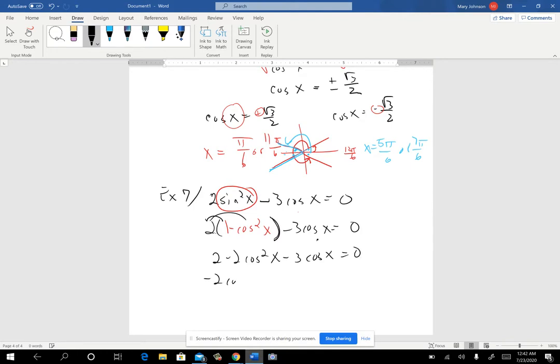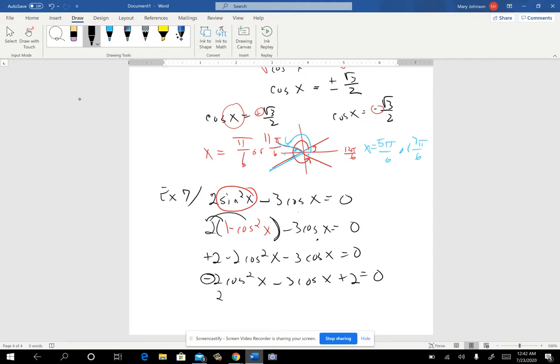Maybe put it in order with the squared term, the one that's not squared, and the constant. I'm not changing the signs on that because I'm just rearranging them, but I'm keeping the sign that's in front of each thing. But I do not personally like factoring when there's a negative right there.